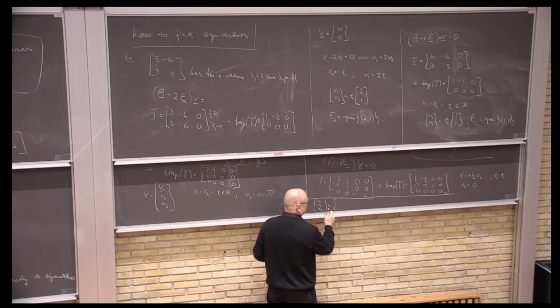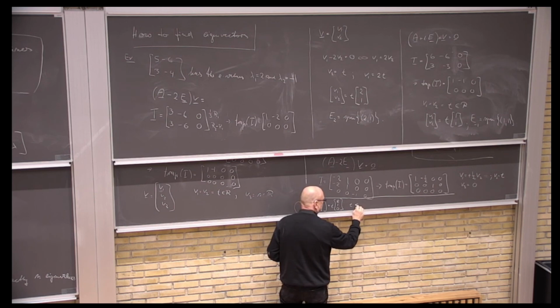Then the solution is 1/2, 1, 0 times t, where t belongs to the real numbers.